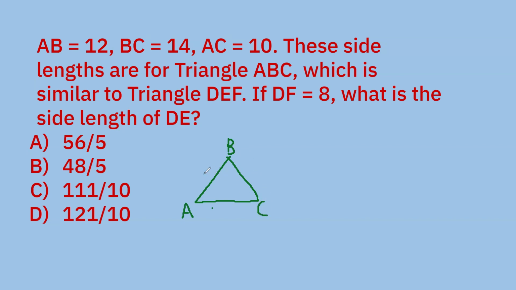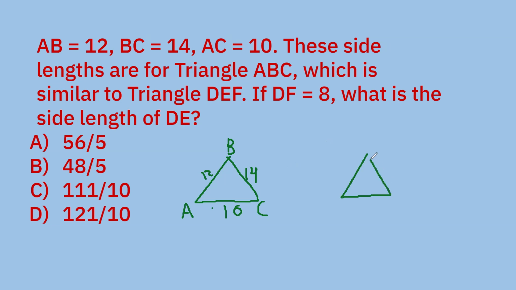So then we know AB equals 12, BC equals 14, and AC equals 10. And this is really good to draw because it's hard to keep track of the order of everything just in your head, because the letters get used twice each time. So now we're going to draw another one. And this one is going to be DEF.